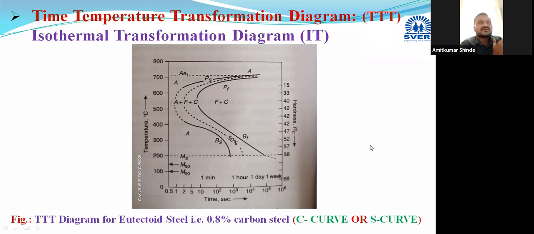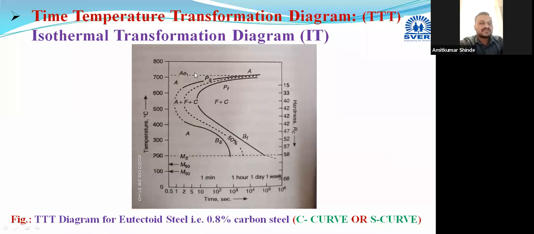It's a formation start temperature and formation finish temperature for pearlite, bainite, and martensite. These points you have to mark. From this, in the TTT diagram, these points will be marked here like PS, PF, BS, BF, MS, and MF. Now, in this region, this is the A1 temperature.